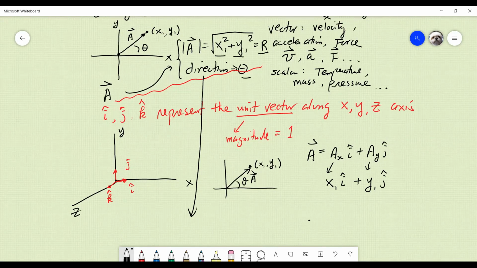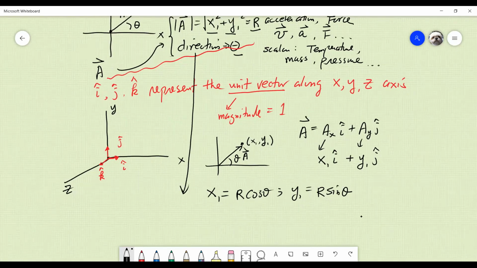As you already see, you can write X1 is equal to R cosine theta, right? And y1 is going to be R sine theta, right? Or you can write theta is equal to arctangent of y1 over x1. Good.